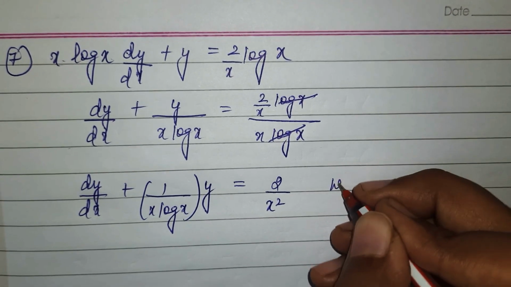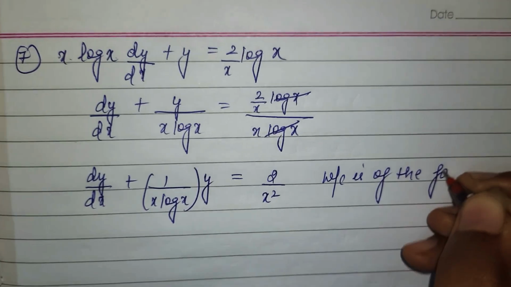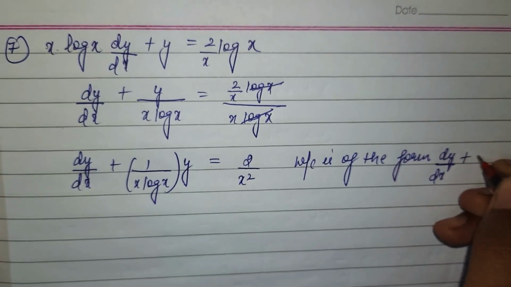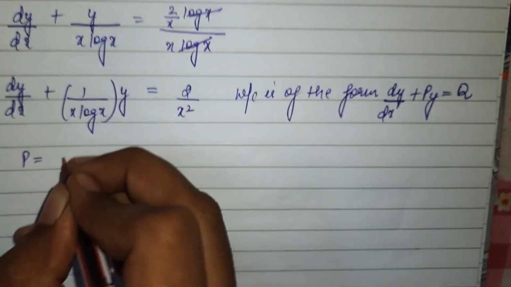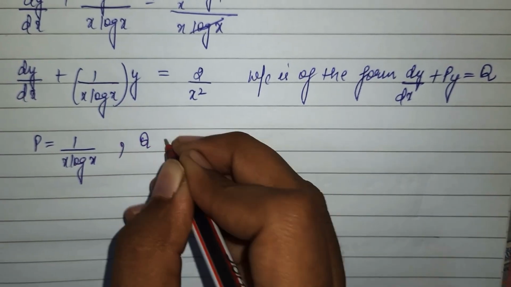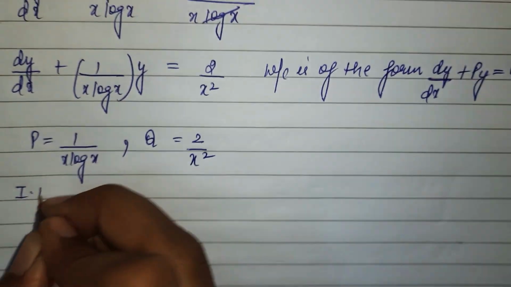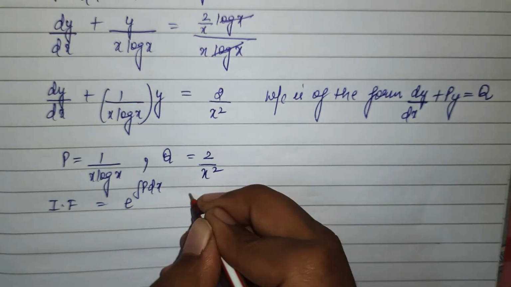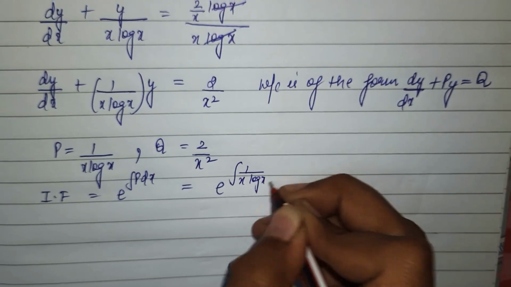Which is of the form dy by dx plus py equals q. So p is 1 upon x log x, and q is a function of x only, 2 upon x square. Integrating factor is e raised to the power p dx, so e raised to the power 1 upon x log x dx.